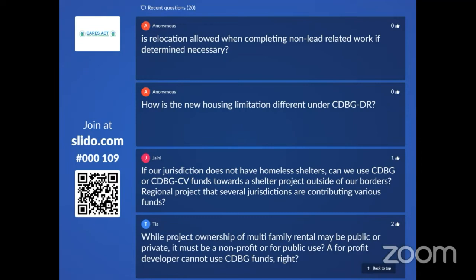If you're doing any type of CDBG work that requires people to move temporarily or permanently, CDBG can be used to pay the necessary relocation to move them while the work's being done. Or if they're tearing it down and they can't come back to it, then yes, you can use CDBG to pay relocation costs.